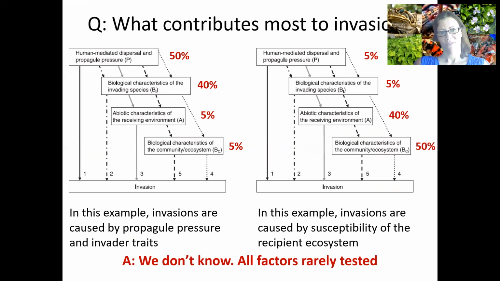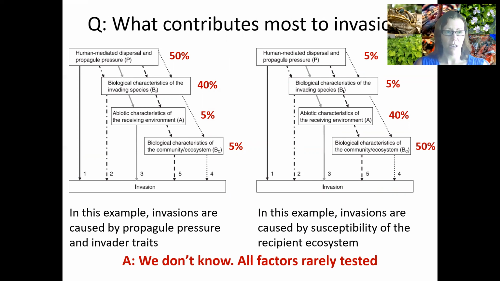And our lack of understanding of what's most important for invasion is really important when we think about this from a management standpoint, right? So we have propagule pressure first, if the species never arrives, we don't have to worry about all these things. We have the traits of the invading species that are going to be affected by each of those different pieces along the invasion pathway.